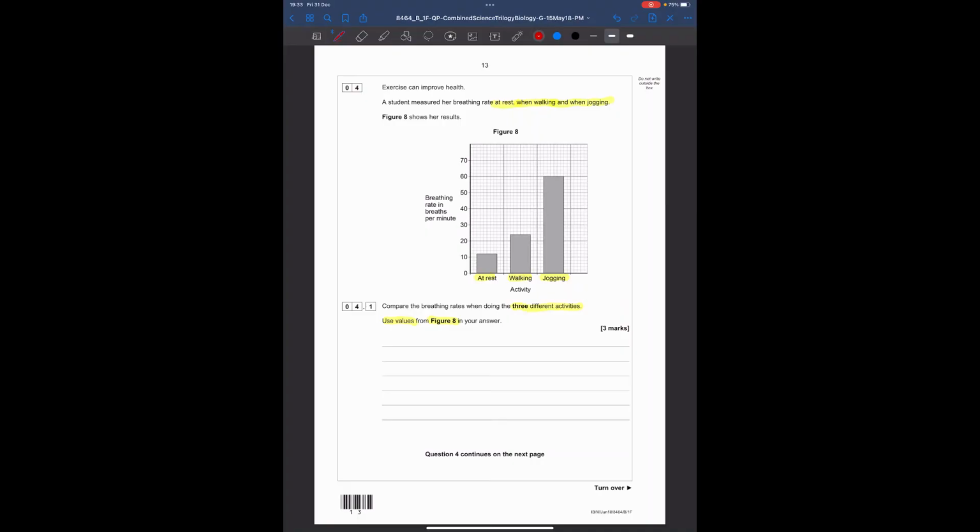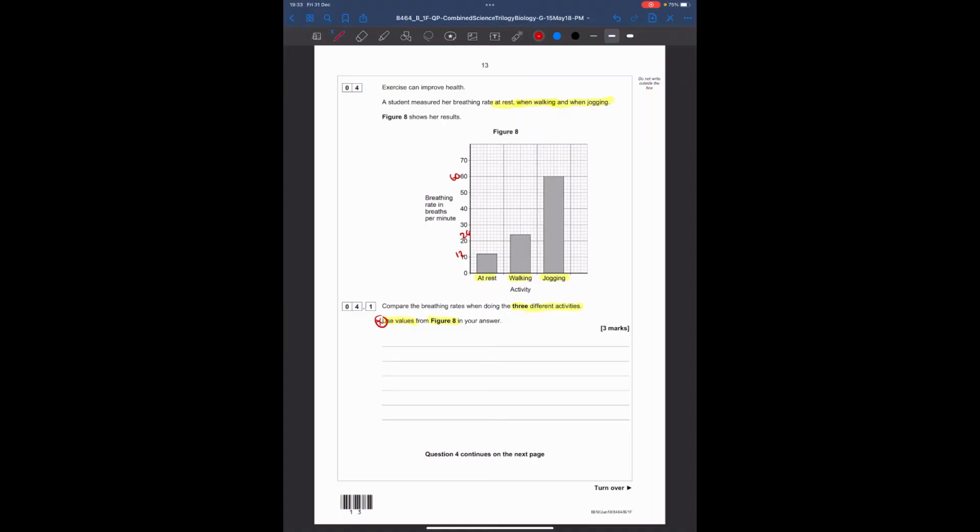So the first thing that I would do, if it's specifically telling me to use values, make sure we actually have our values ready. Read the scale for each one. So the breathing rate at rest, you can see, is 12, walking is 24, and then jogging is 60. So we need to make sure that we've got these numbers in our answer somewhere. And we can look at the differences and compare these numbers.